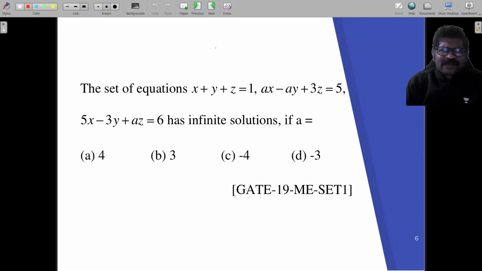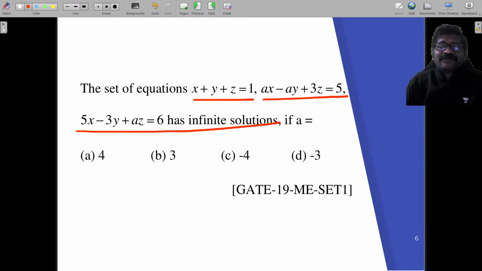The given set of equations x plus y plus z equal to 1, ax minus ay plus 3z equal to 5, 5x minus 3y plus az equal to 6 has infinitely many solutions if a is equal to?